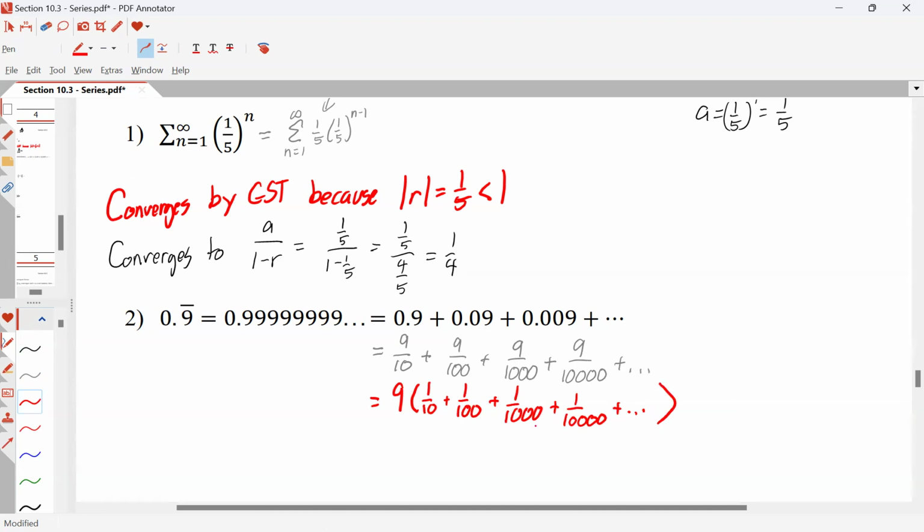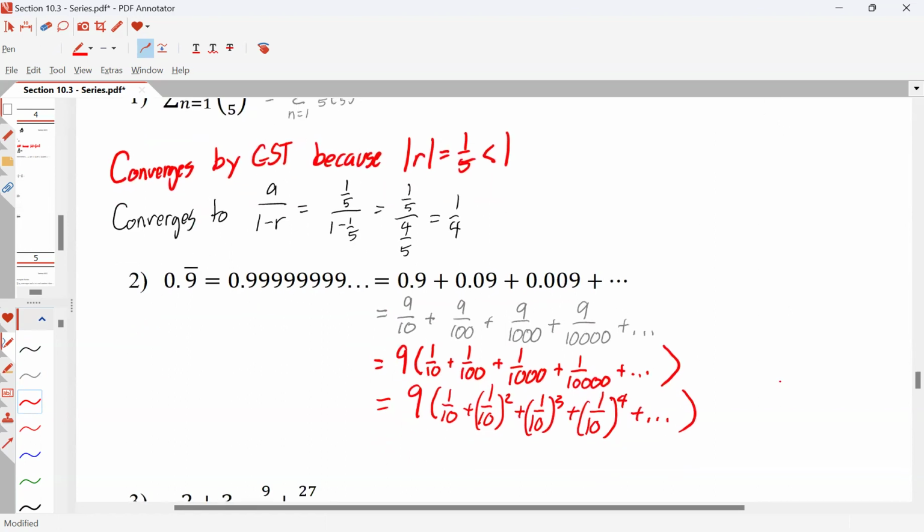These are all powers of 10, or powers of 1/10. So this really equals 9 times 1/10 plus 1/10 squared plus 1/10 cubed plus 1/10 to the 4th, and so on. And there we can generally see our R, it's 1/10.